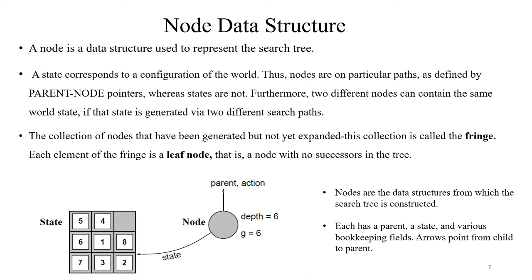This collection of nodes is called the fringe. Each element of the fringe is a leaf node, that is, a node with no successors in the tree. That means nodes are the data structures from which the search tree is constructed. Each node has a parent and a state and various bookkeeping fields, such as arrows pointing from child to the parent.